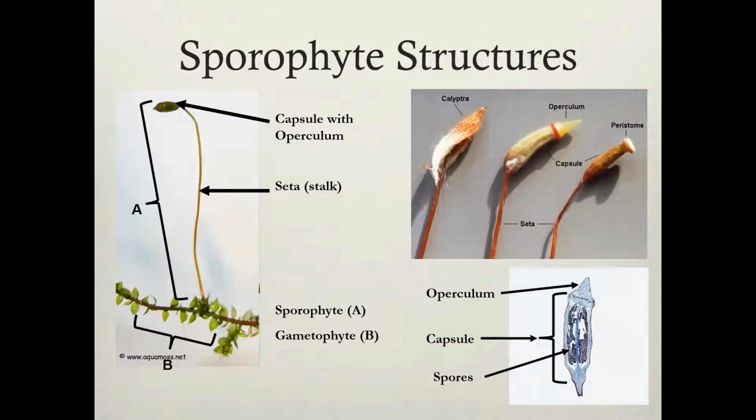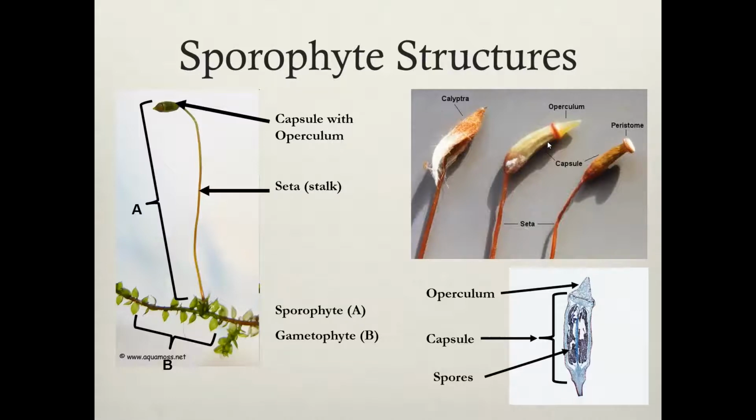So if you take an even closer look at this capsule, what you're going to see is the main capsule, a calyptra, which is the tip of the capsule, an operculum, which is the lid to the capsule, almost like a cookie jar lid. And then inside the lid, you're going to see something called peristome teeth, which I'm going to show you another picture of in a second.